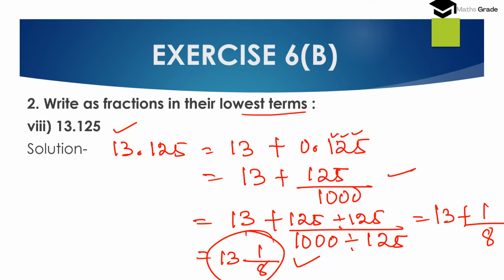So 13.125 is 13 and 1 divided by 8, where 13 is the natural number and 1 divided by 8 is the proper fraction. So 13 and 1 divided by 8 is the lowest term of the decimal 13.125.